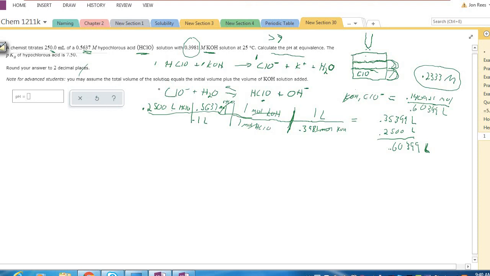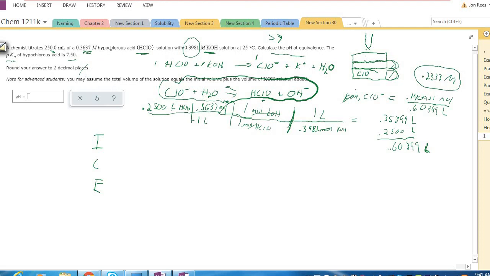Well, now I need to account for this chemistry right here, where I'm generating those OH minus ions. Okay, and so I can do that by making my ice table. And notice also that I am given a pKa of this solution.